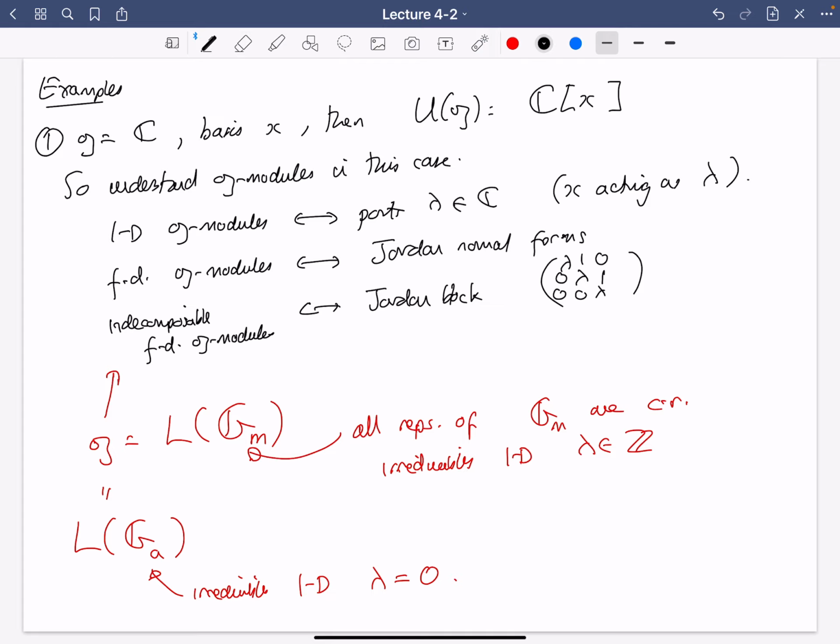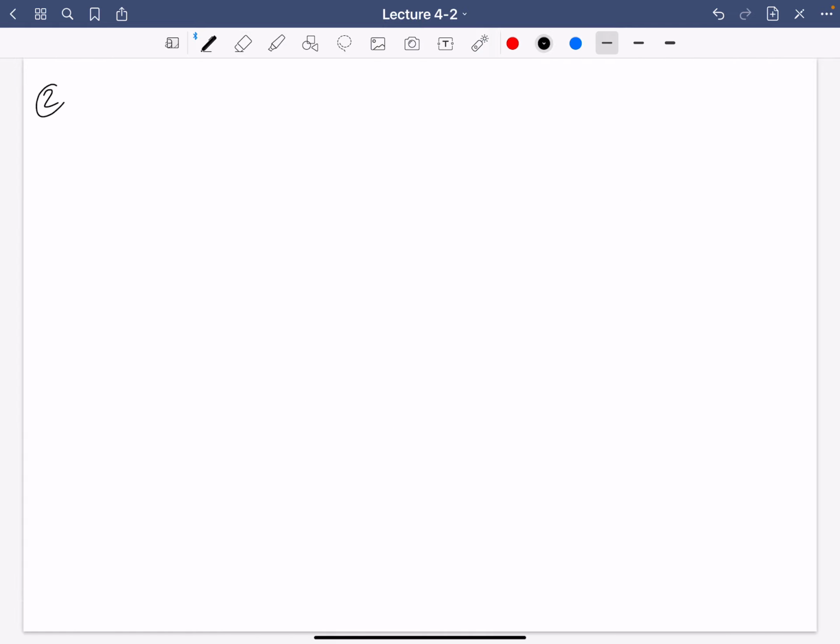Okay, so that's one example. Second example, let's take the Heisenberg Lie algebra. So remember that had these generators x, y, and z. You can write down very easily what the universal enveloping algebra of Heisenberg is, I'm just going to write it.